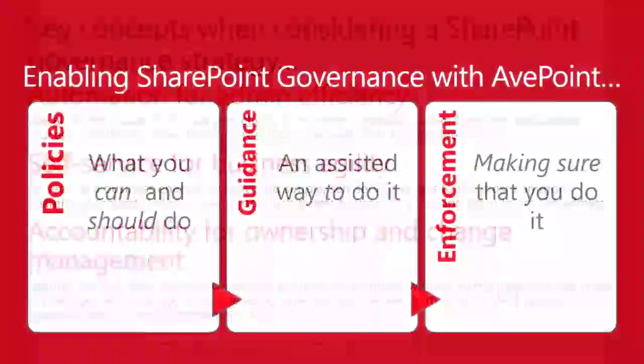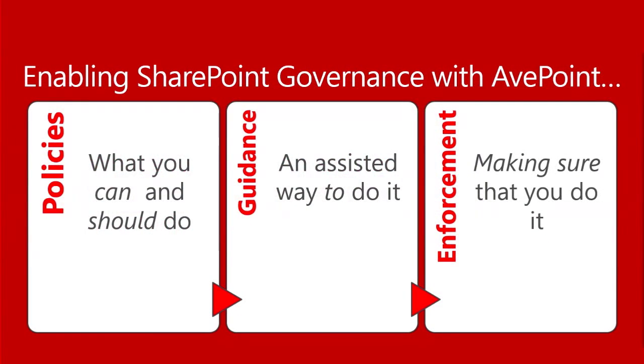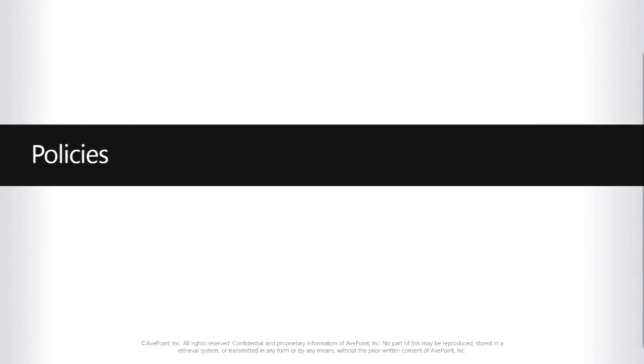So let's come back to our 3 pillars here, right? So our policies, guidance, and enforcement. And we're going to start talking about what solutions look like to this with products like AvePoint Governance Automation. So policies, what people can do and should do, are very important.